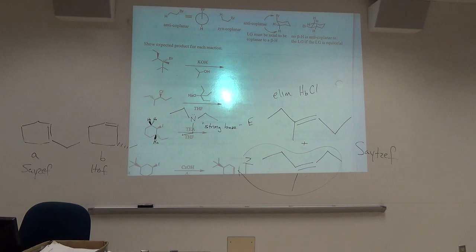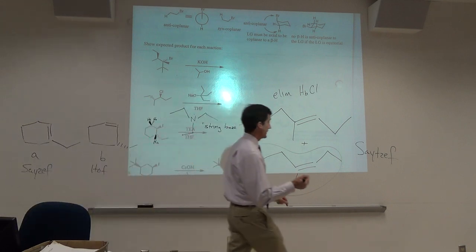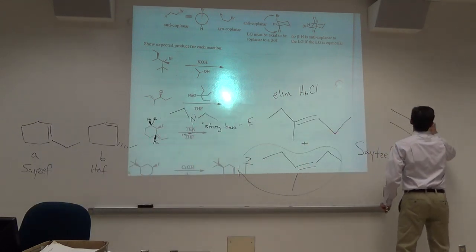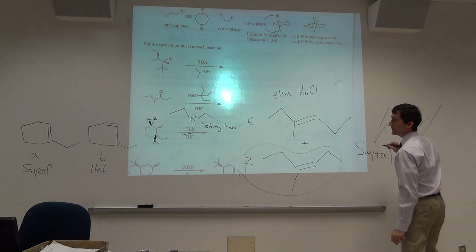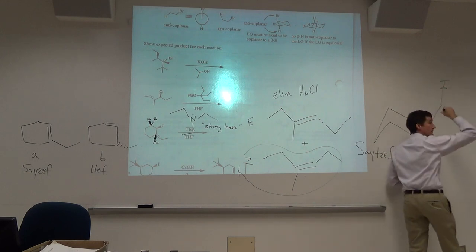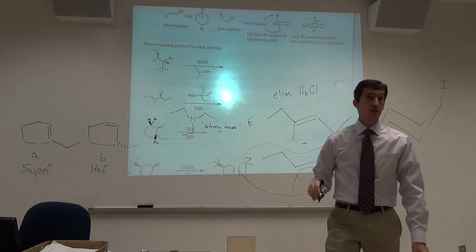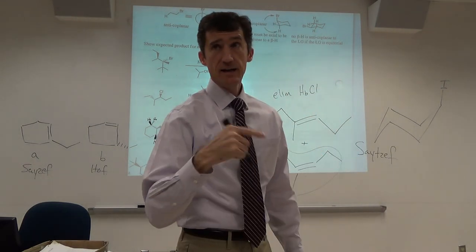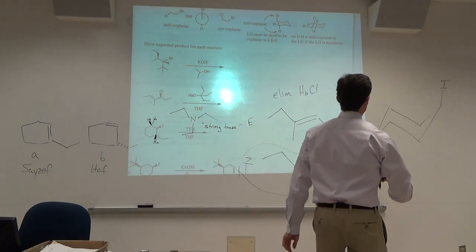Now I can draw you the chair conformation and show you. In fact, let's do that real quick. Boom, boom, boom, boom. If we put the iodine here, I put it straight up. Why am I putting it straight up? Because the leaving group has to be axial, because only when it's axial will it be anti-coplanar to the H, right?